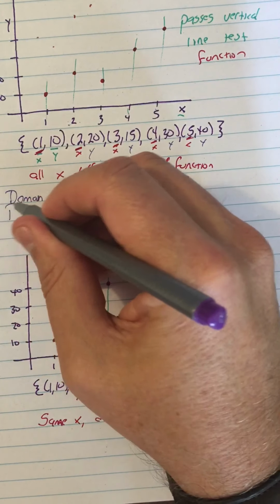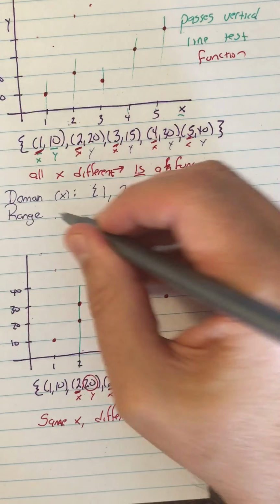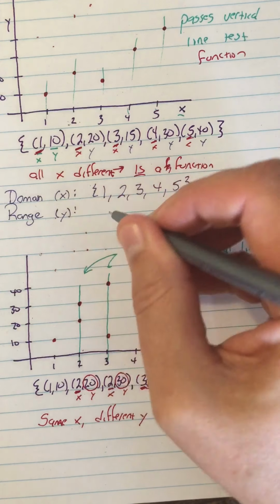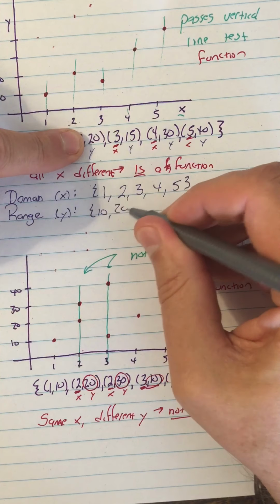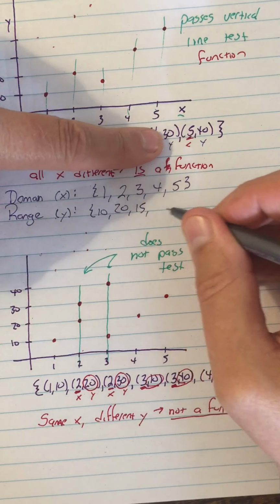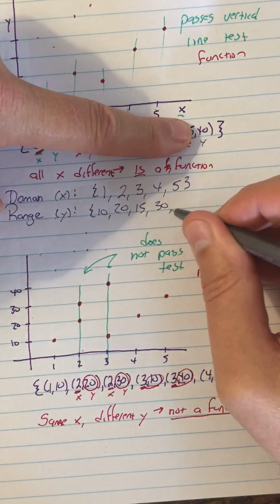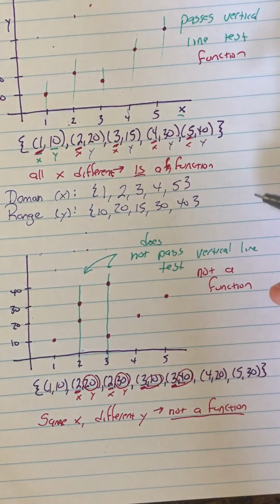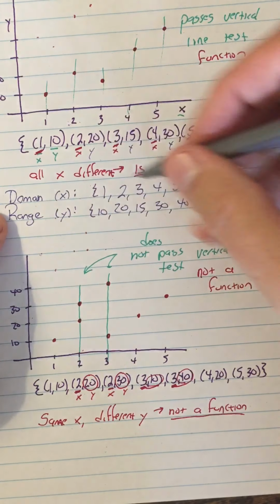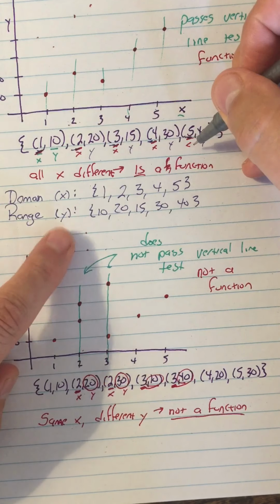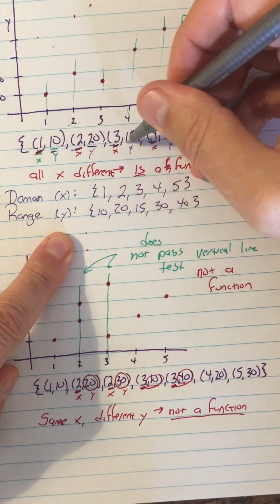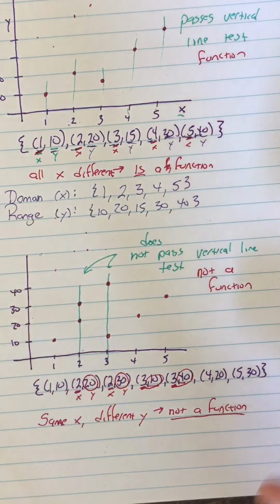And then our other vocabulary word is range. So range is the y's. So the y's are 10, 20, 15, 30, and 40. So that's the range. So the domain is all the x's, and the range is all the y's. And that's all there is with domain and range, right?